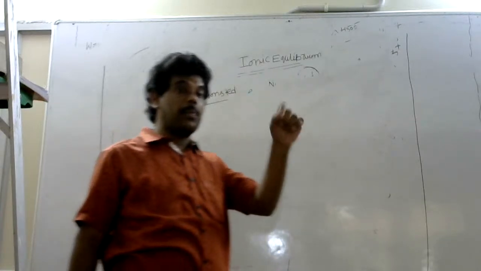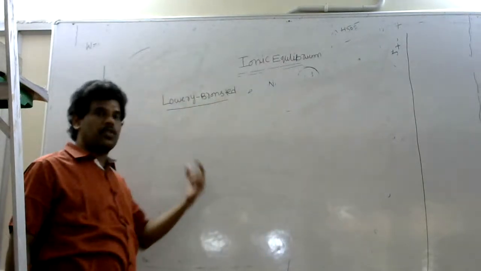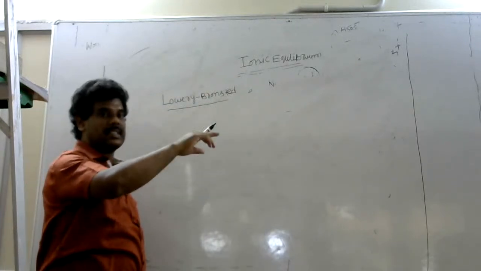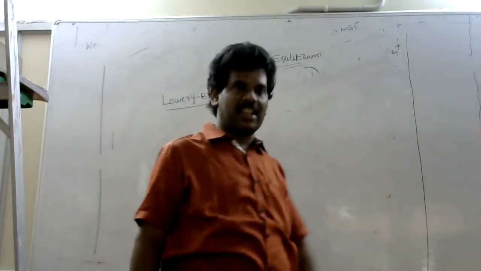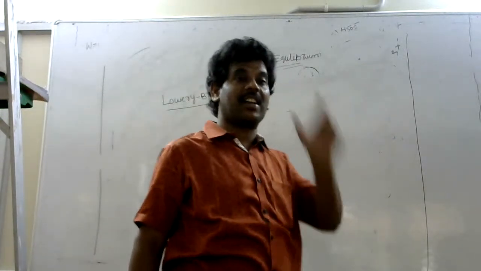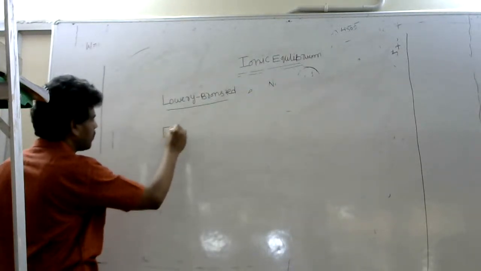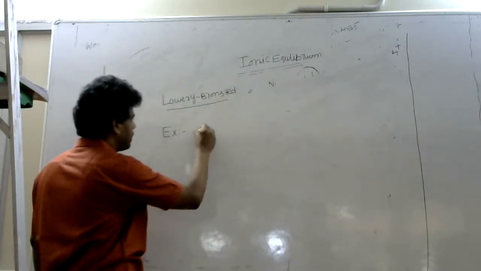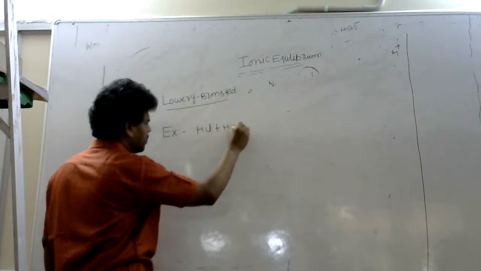According to Lowry-Bronsted theory, acid base reactions are reversible reactions. For example, HCl reacts with water.